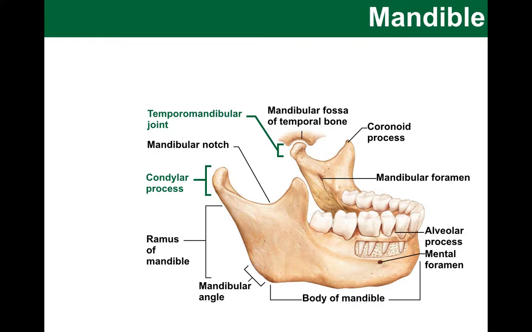But enough about me. What else do we have? Well, here is body of the mandible. This is the major part, and in there you can see the alveolar processes. They contain the sockets for the roots of the teeth. And fun fact, this is why it's important to have some sort of teeth there.